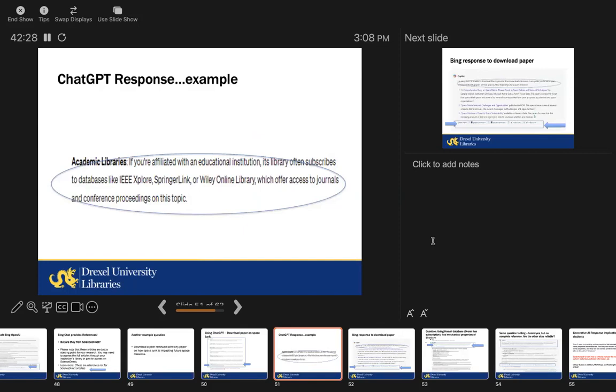These databases have so much content that is still not available to generative AI, at least at this stage. So if you are just using everything you get through generative AI, you are not doing a complete research. You have to go through these subscriptions. That is the major point I'm trying to get across in this session. Let's go to the next slide.